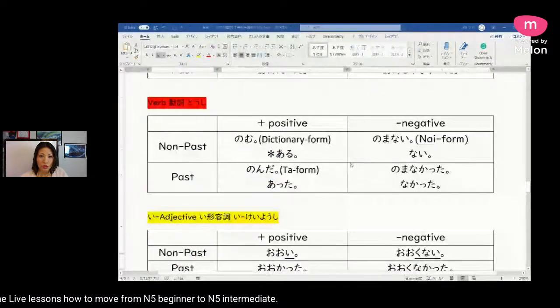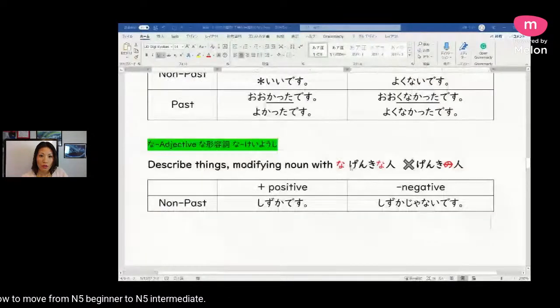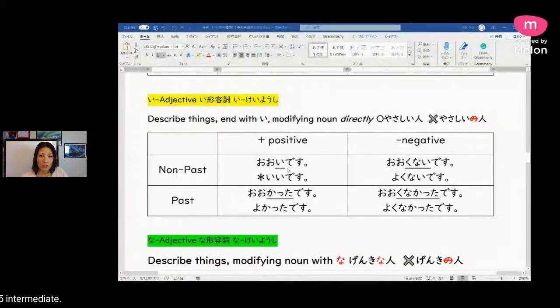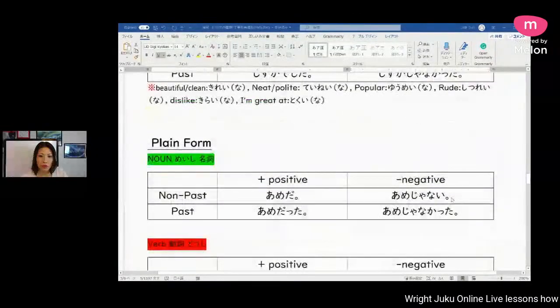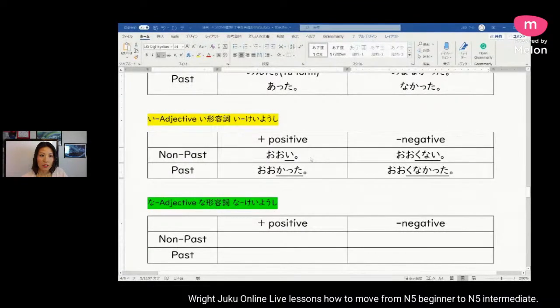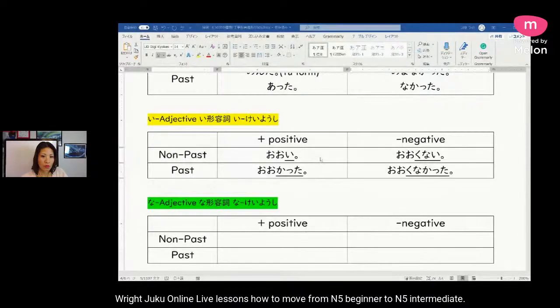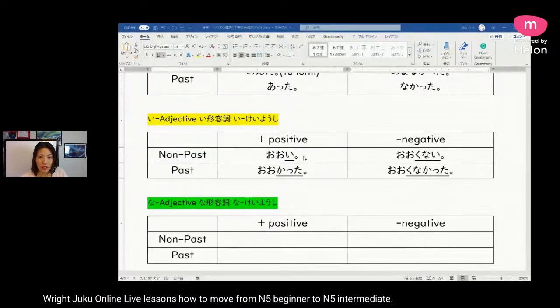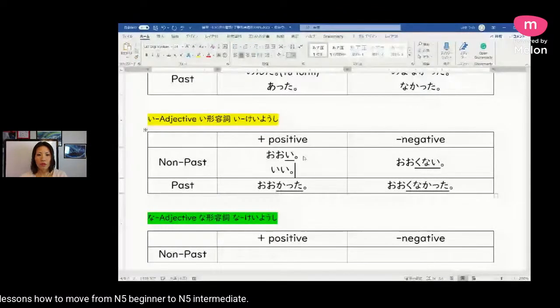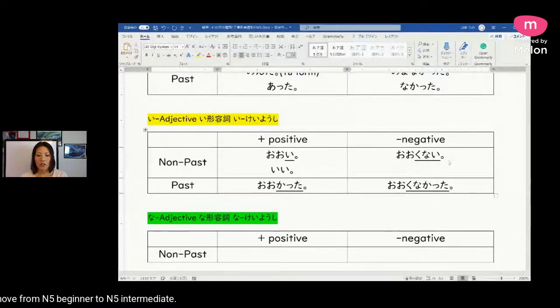So when you compare plain form and polite form, 多いです、多かったです、多くないです、多くなかったです, compared to the plain form, they just drop the です at the end. That's the plain form. So good to know. Same thing, remember the exception, いい.